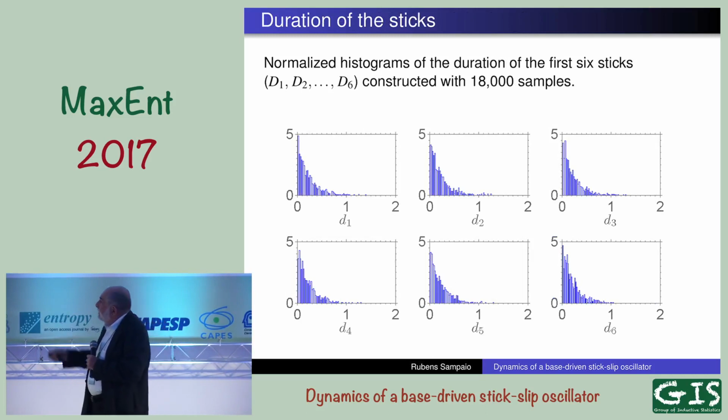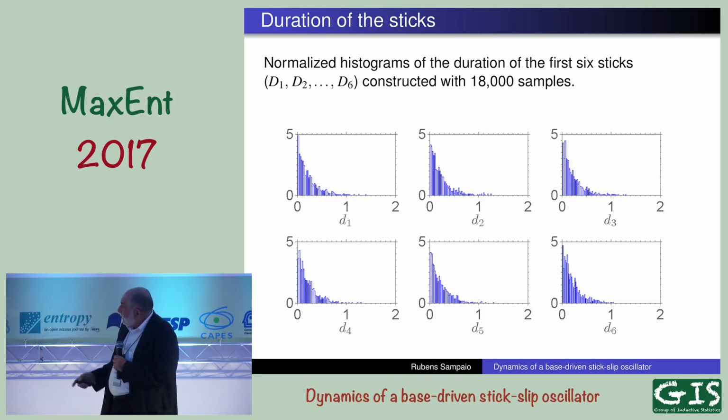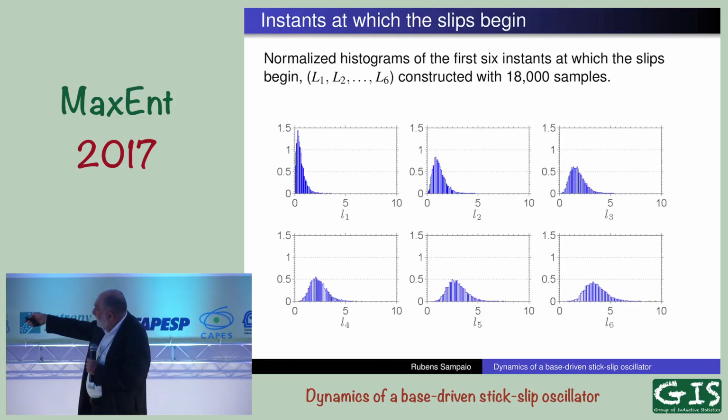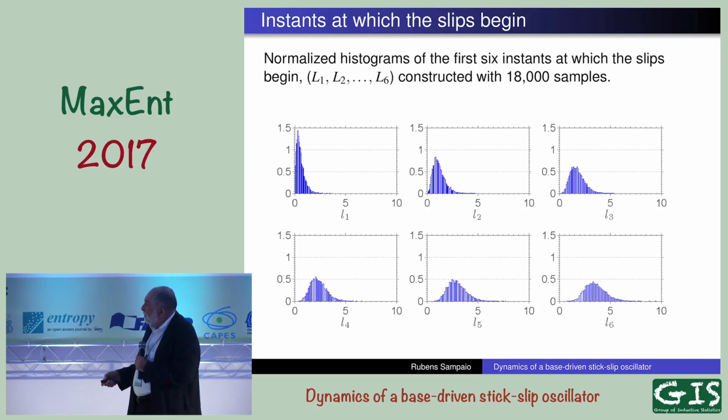Here is the duration. You have here the first one, the second one, the third one. Remember that the support of the duration is limited. I have a maximum support. So the maximum is the number I show you.